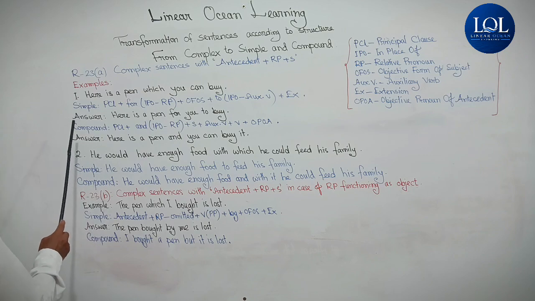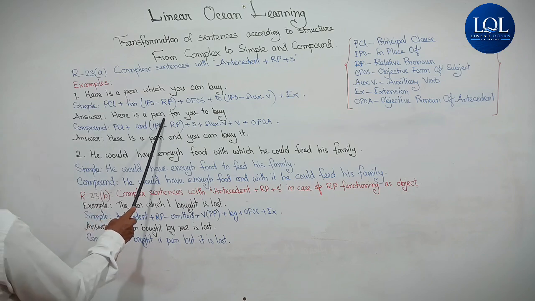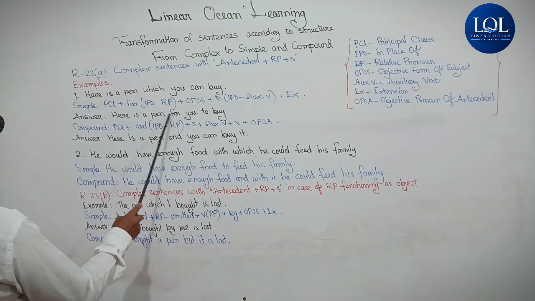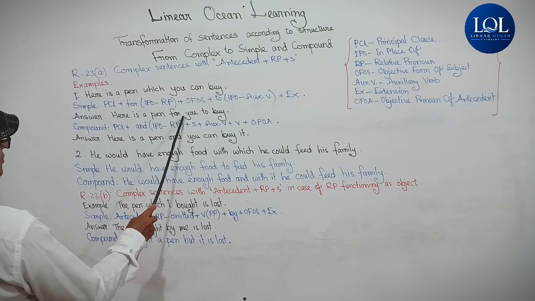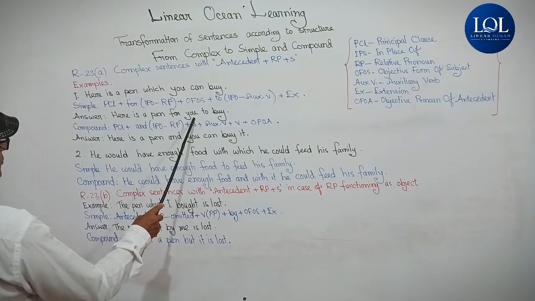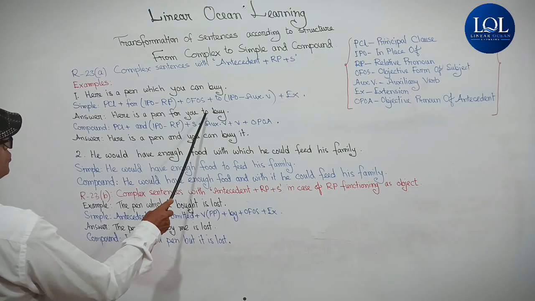The answer we get is: Here is a pen, this is the principal clause, and in place of "which" we have to write "for". Here is a pen for you to buy. "You" is the objective form of the subject.